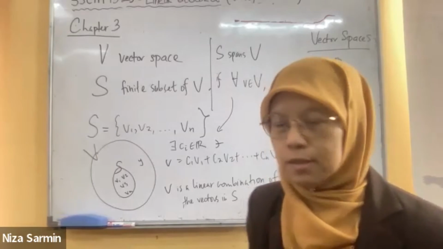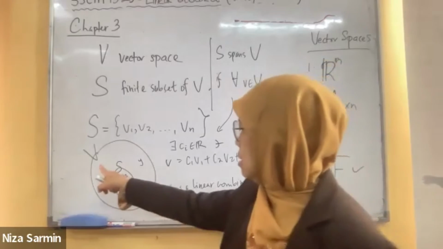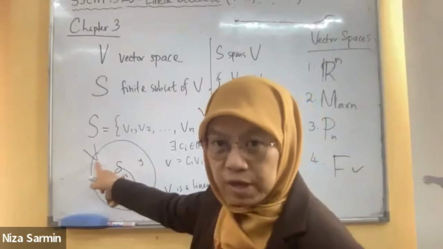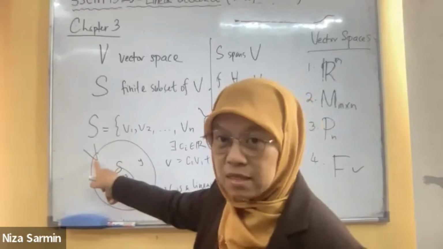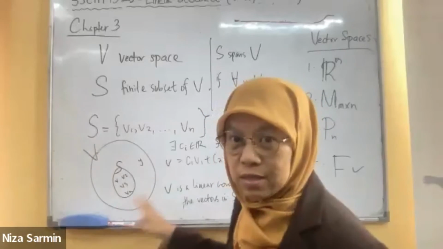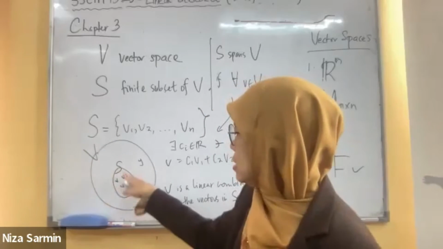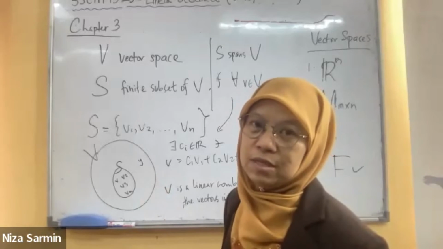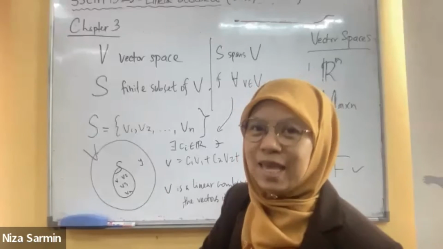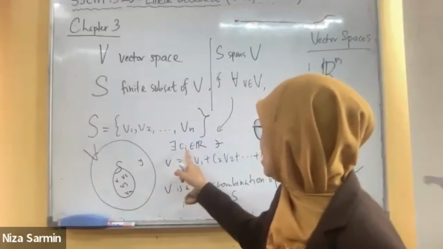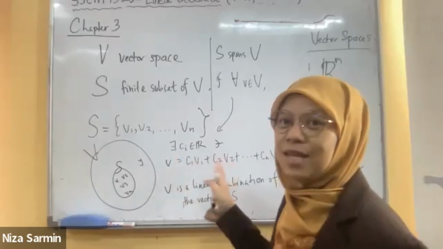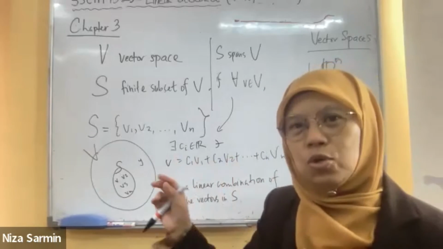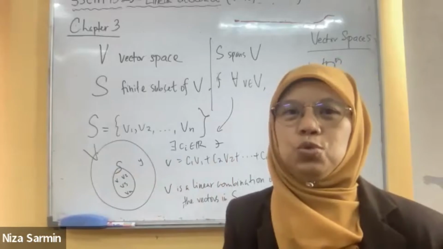So the fact is, S spans V if any vector in V can be written as a linear combination of vectors in S, which means that there exist all the C in the linear combination. So it goes back to chapter 2.